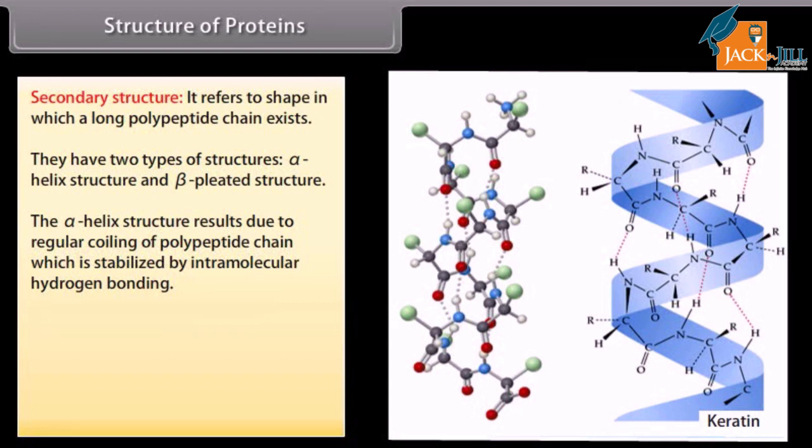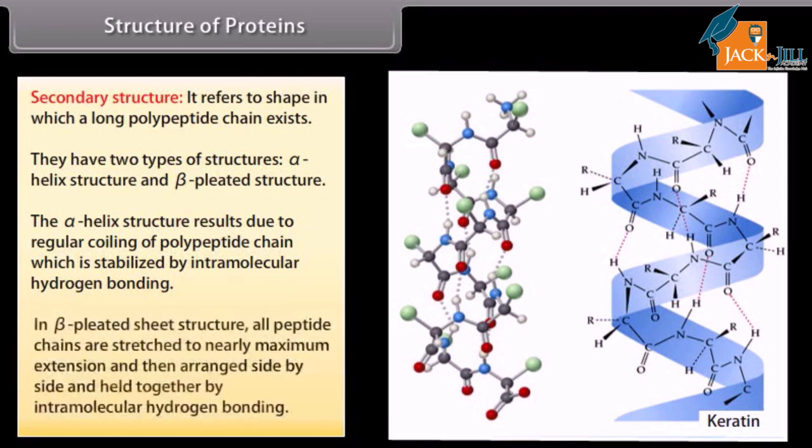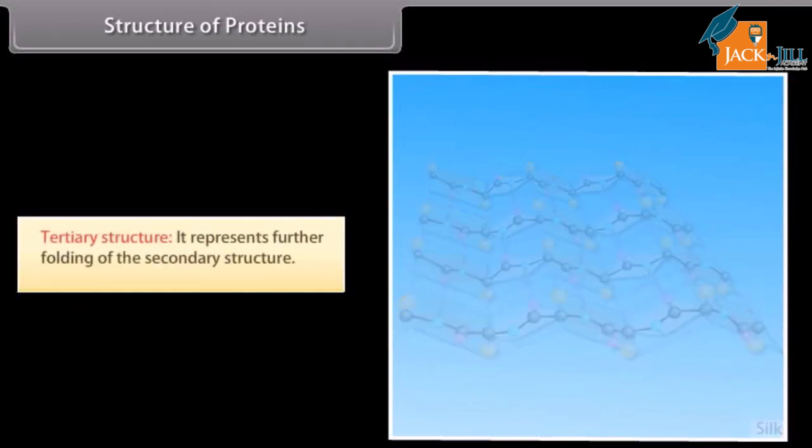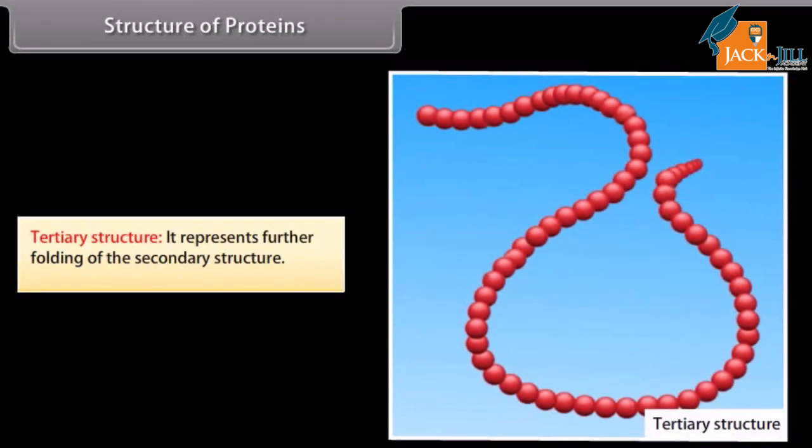For example, keratin. In beta pleated sheet structure, all peptide chains are stretched to nearly maximum extension and then arranged side by side and held together by intermolecular hydrogen bonding. For example, silk. Tertiary structure. It represents further folding of the secondary structure.